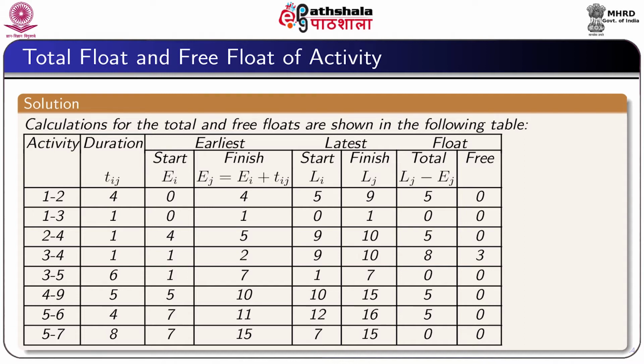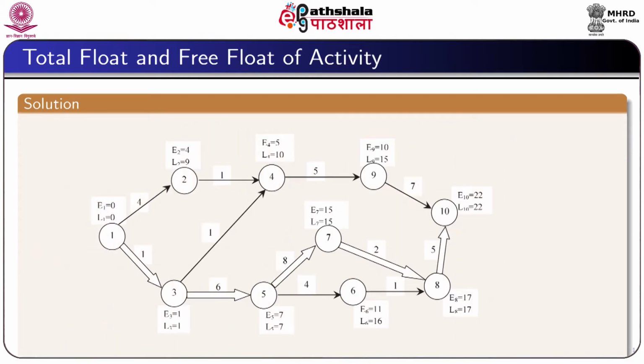And to calculate the free float, we have to check the network diagram again. To determine the free float of the activity 3-4, the activity time is 1 and its predecessor activity time is also 1, whereas the occurrence time of the event E4 equals 5.